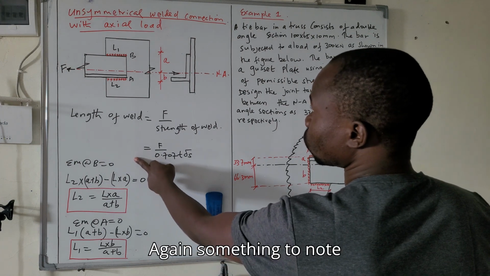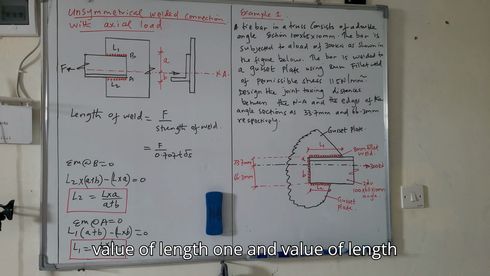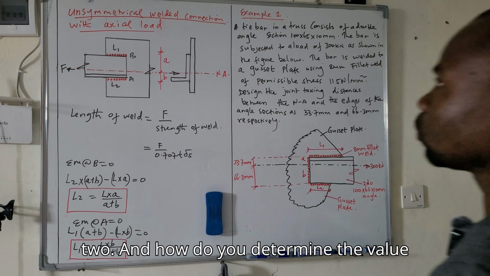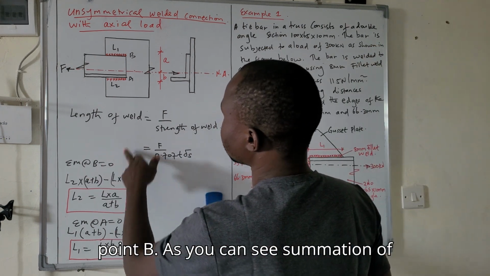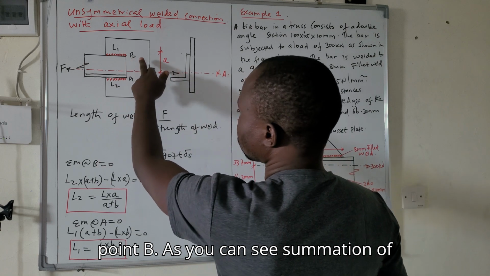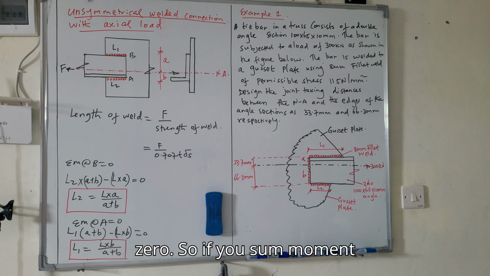Again, something to determine is the value of length 1 and value of length 2. How do you determine the value of length 2? With summation of moment at point B equal to 0.